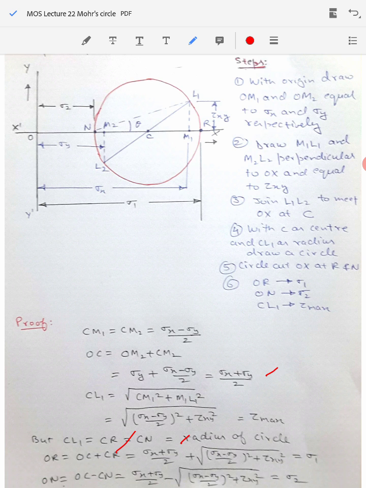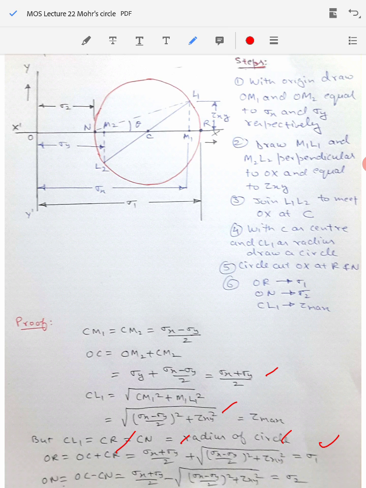Let's substitute here, and as CR is equal to CL1, and the value of CL1 is already given, you substitute it here, so that gives you OR as (sigma x plus sigma y) by 2 plus the square root of ((sigma x minus sigma y) by 2) whole squared plus tau xy squared. Now you must remember that this is the value of the principal stress sigma 1 we calculated in our last class, so OR is basically equal to sigma 1.